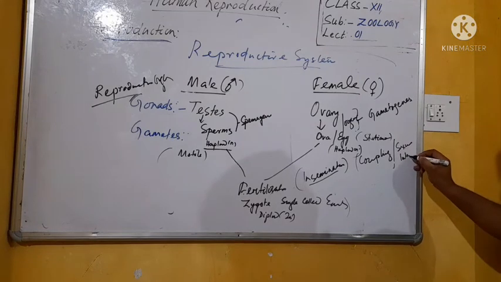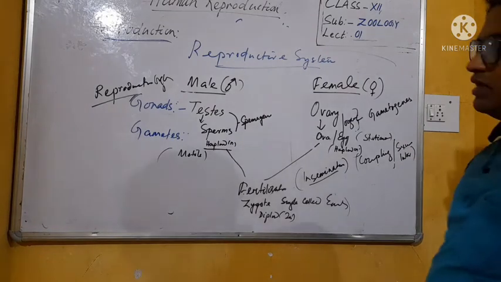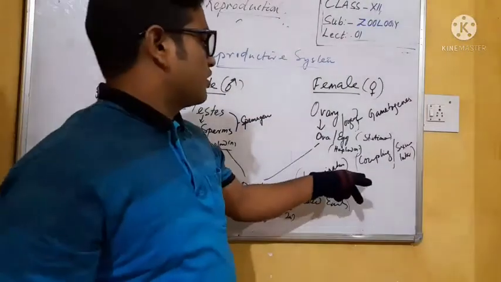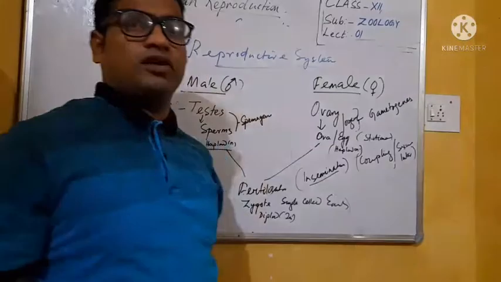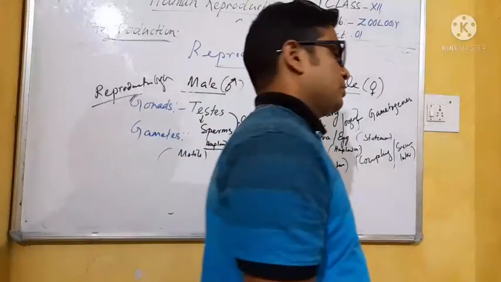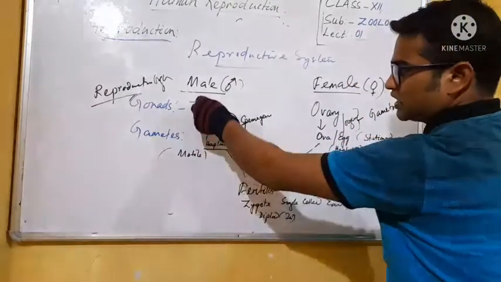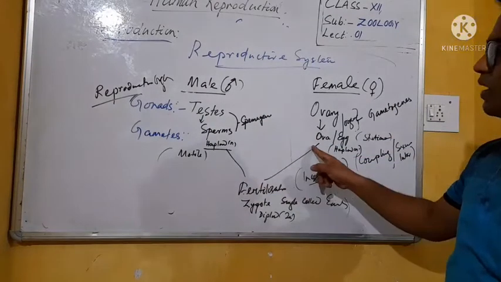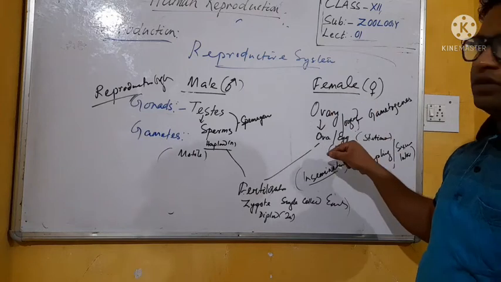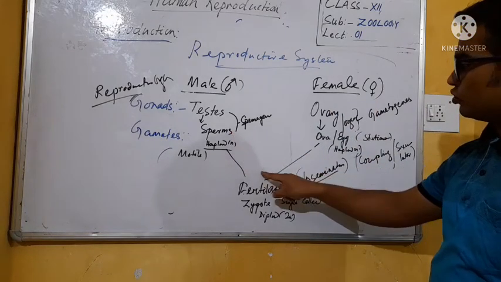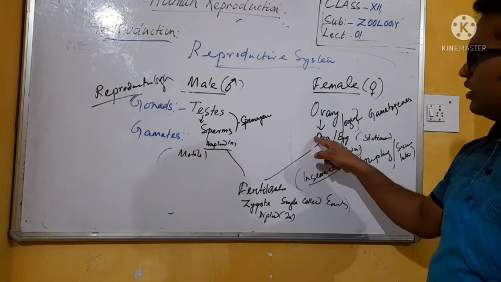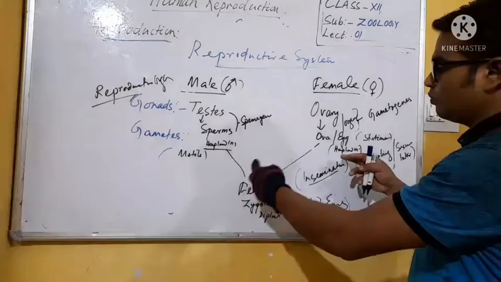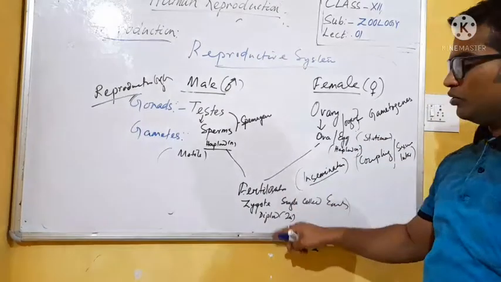If a male partner is coupled with a female partner, then the sperm, which the testis produces, goes to the ova in the female. Then the sperm and ova are fertilized to form zygote.